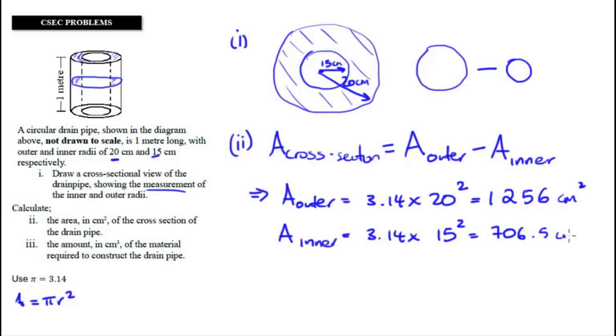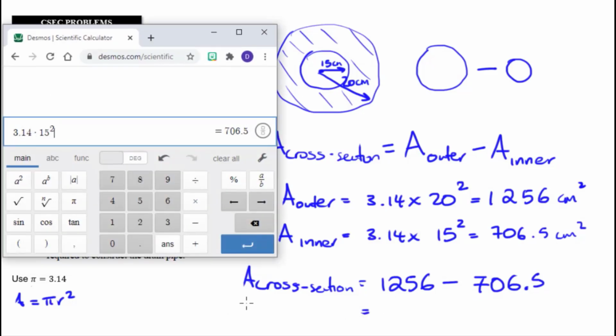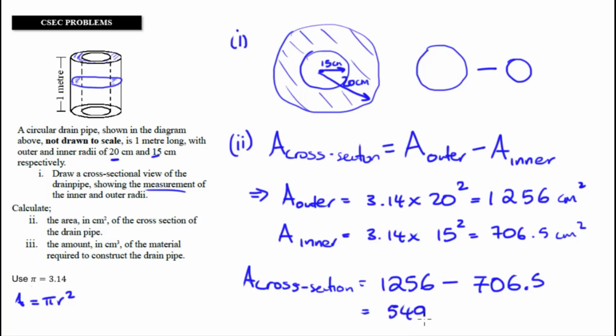So that means the area of the cross section is going to be equal to the area of the outer, which is 1256, minus the area of the inner, which is 706.5 square centimeters. And if I work that out, 1256 minus 706.5 is equal to 549.5 square centimeters. So that's the area of our cross section.